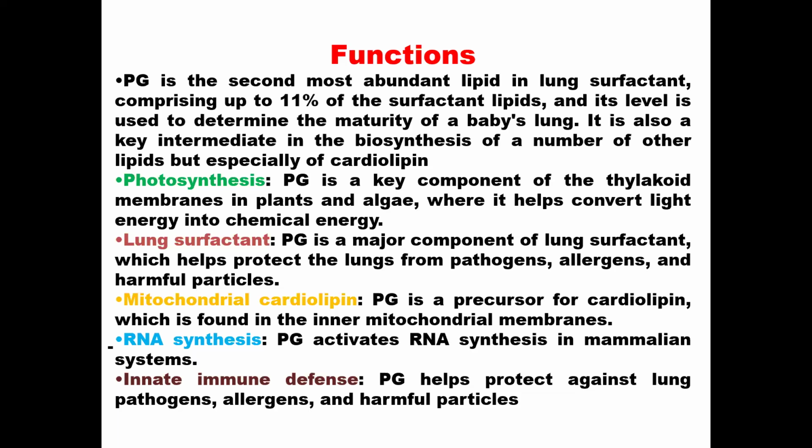It is one of the phospholipids used to determine the maturity of babies' lungs. And it's also a key intermediate in the biosynthesis of other lipids, especially cardiolipin, which we are going to be discussing in subsequent classes.